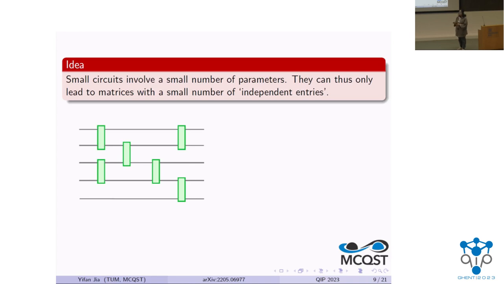Then you build up a very big unitary, which has 4 to the power of n, or d to the power of 2n different parameters. But all of them come from a very small number of parameters, so there has to be some dependency between the exponentially many parameters you have in the end of your unitary. And in other words, such dependence gives you some lower bound on your complexity.